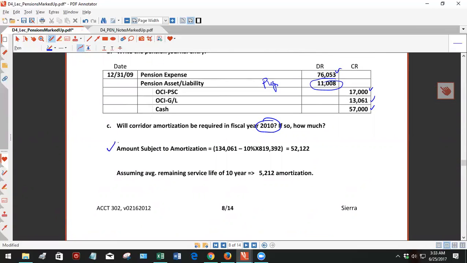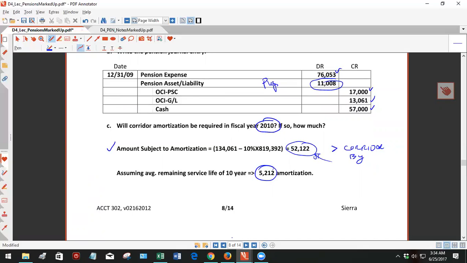So the amount subject to quarter amortization, so the amount above, this is greater than the corridor by 52,112, and then you divide it by 10, and next year you can predict that you'll have 5,212 of quarter amortization. Okay, but once again, just doing this item C to emphasize, don't look ahead.